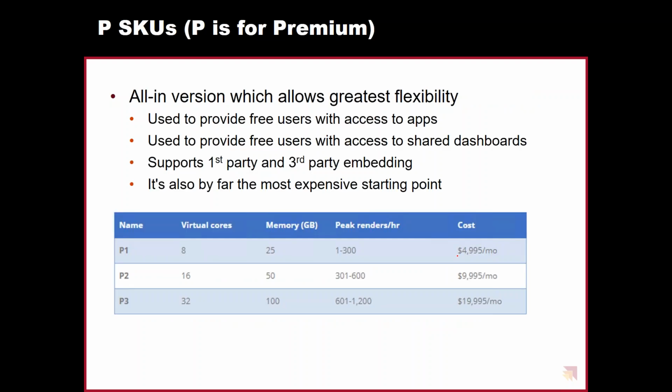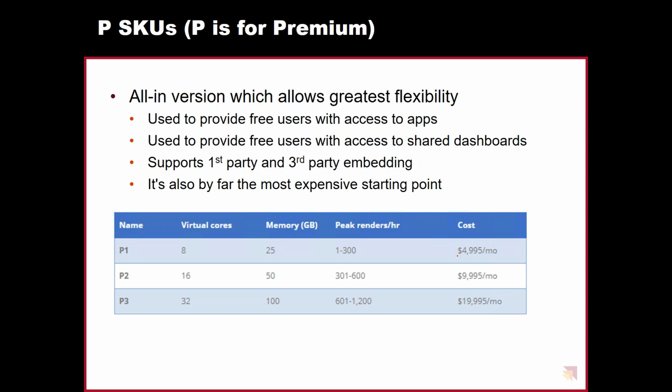Now, I know there's a lot of confusion about the different SKUs that we can have. There are P SKUs, EM SKUs, and A SKUs, and I just want to run through quickly what the difference is. The first thing that Microsoft unveiled, back in May and June when they had all the big announcements, was the P SKUs.